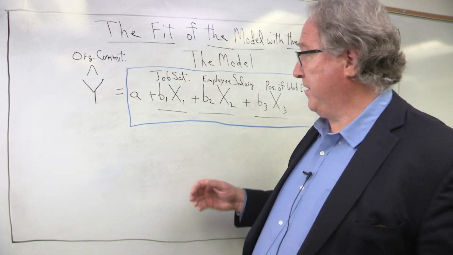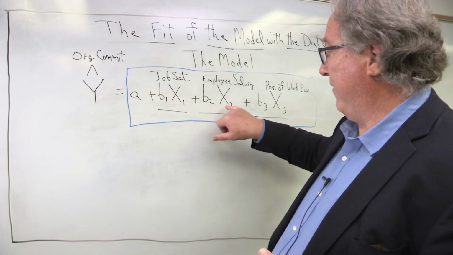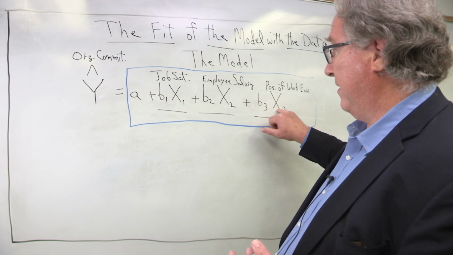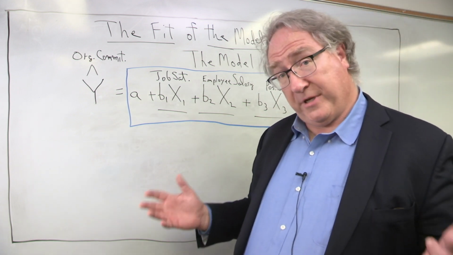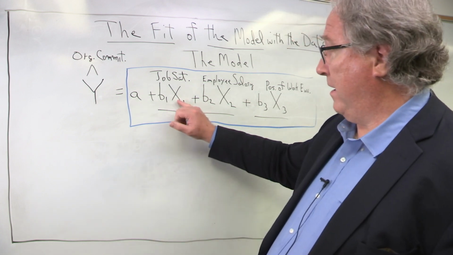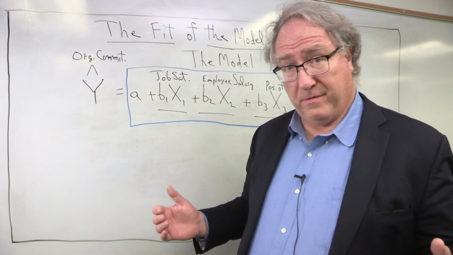So for each participant, you got a score for job satisfaction and for employee salary and for positiveness of work environment. Okay? So for each participant, you got a score on each of the 3 predictor variable measures.